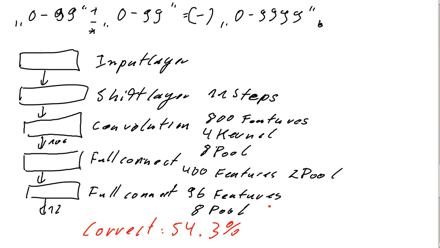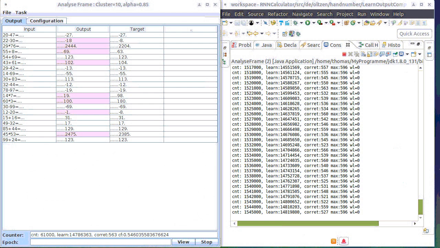Let us shortly look into the current results of this network, because that is also interesting. On the left side you see an example of the calculation. In the first column you have the input values, the second column is the output of the network, and the third column is the target. On the right side, you see the current result of every 1,000 calculations.